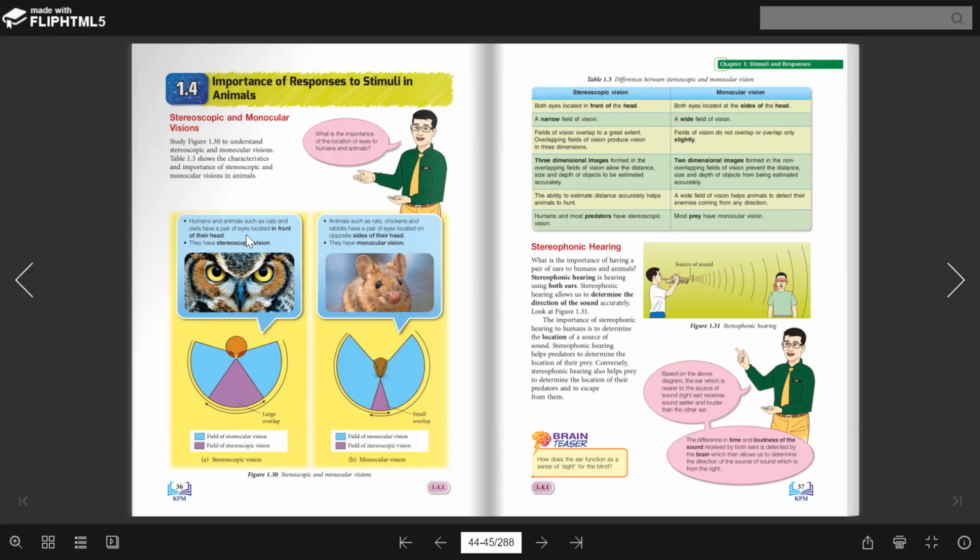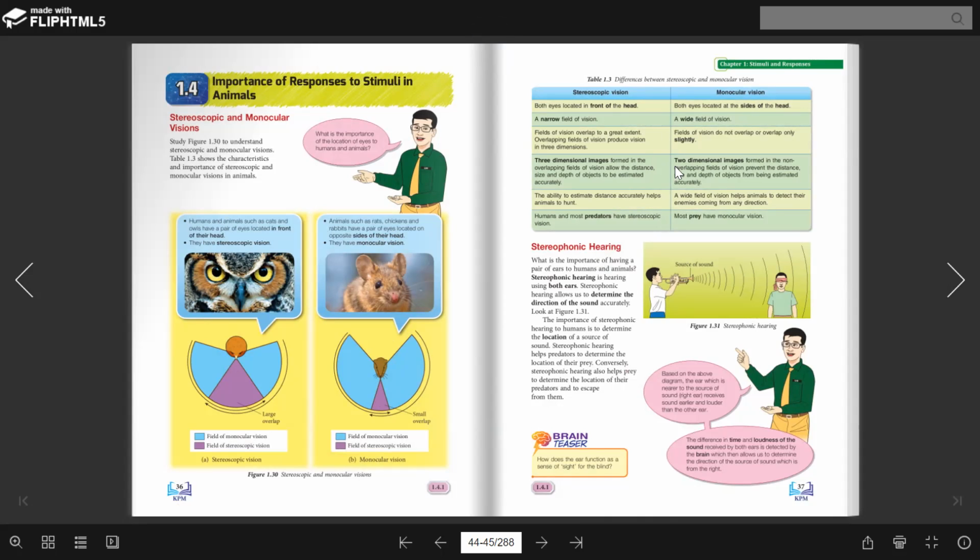For sure, humans have what? Stereoscopic vision. Why? Because the eyes are located on the front of our head. But for monocular vision, the eyes are located at the side of the head, so left and right.